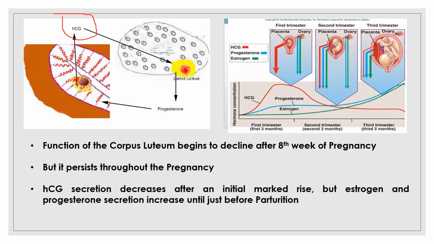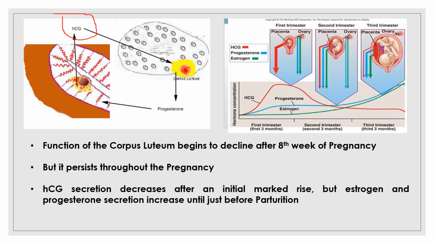Here we can see that we have divided the pregnancy into 3 phases. First 3 months, the first trimester, is up to 12 weeks. Then the second trimester up to 6 months, 24 weeks. And then the third trimester, the last 3 months.